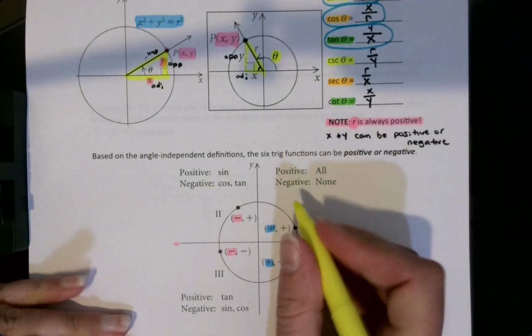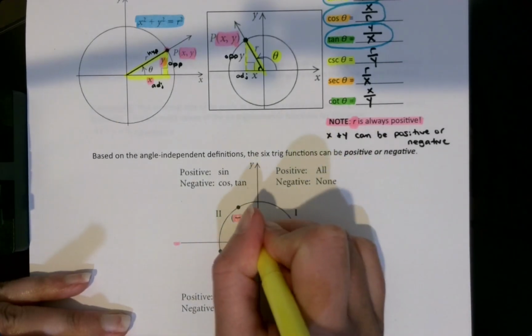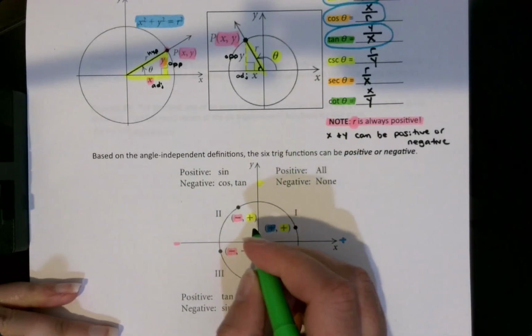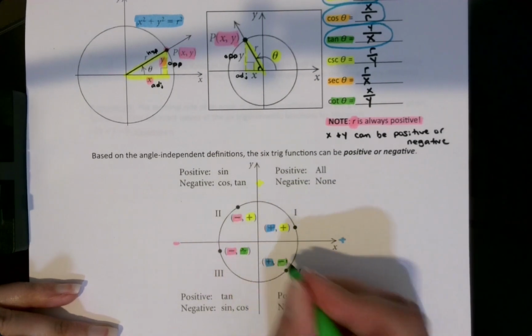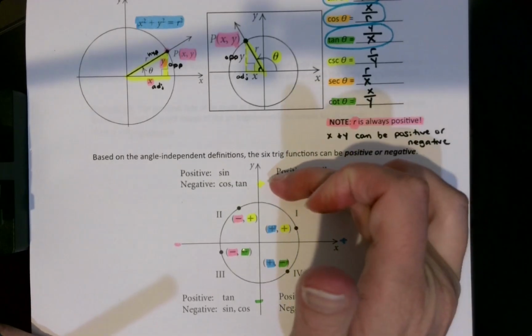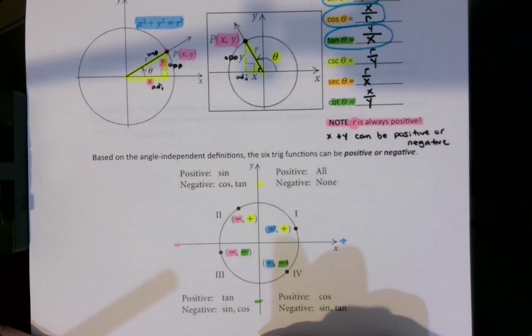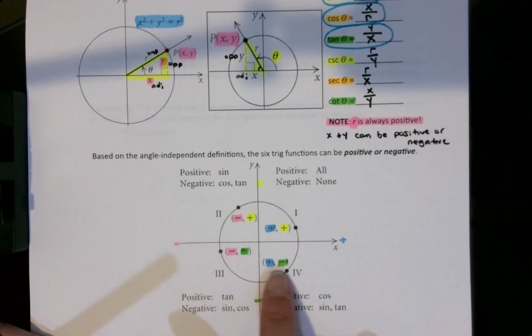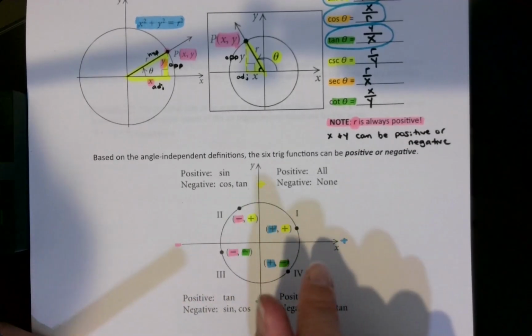And then for y, I know that y is positive on the two that are in the top. And I know that y is negative for the two that are in the bottom. That's where the y coordinates are going to be negative, right? Positive x coordinate, positive y coordinate, negative x coordinate, negative y coordinate. So our coordinates are positive, positive, negative, positive, negative, negative, and positive, negative, respectively.